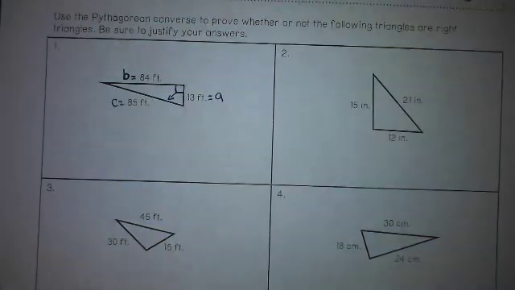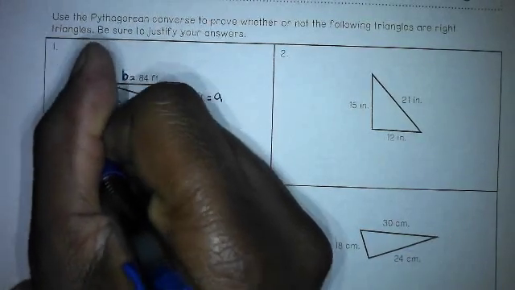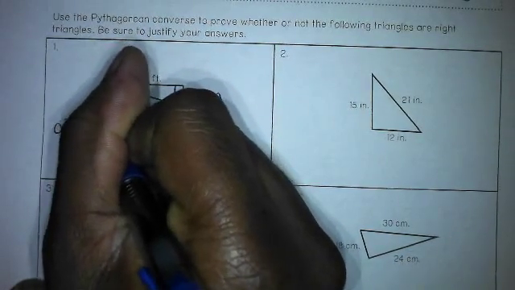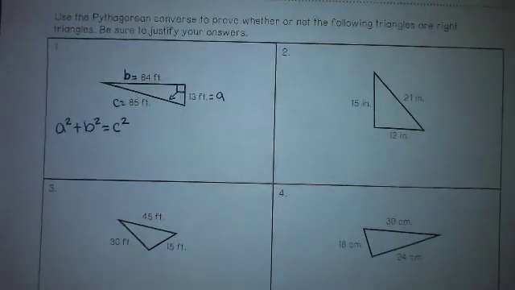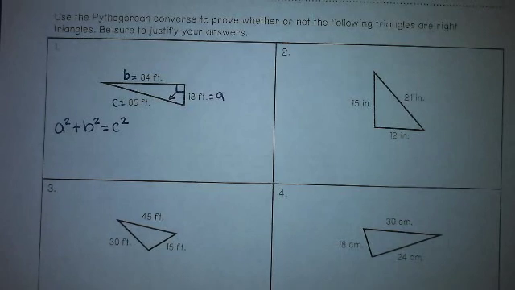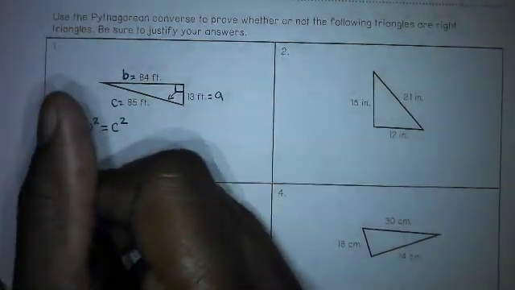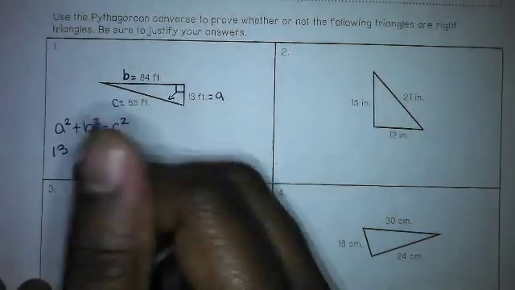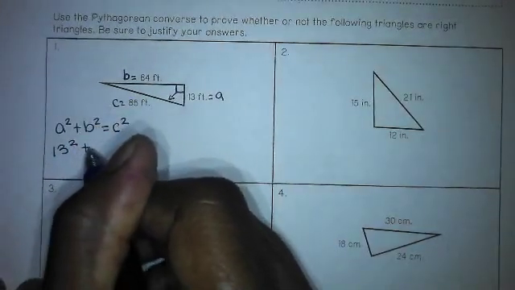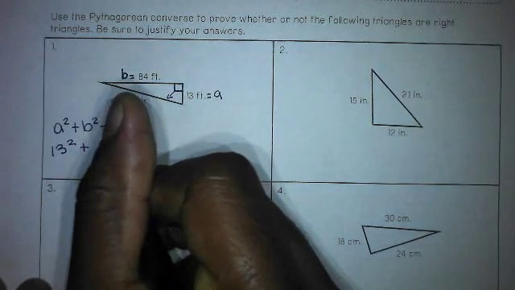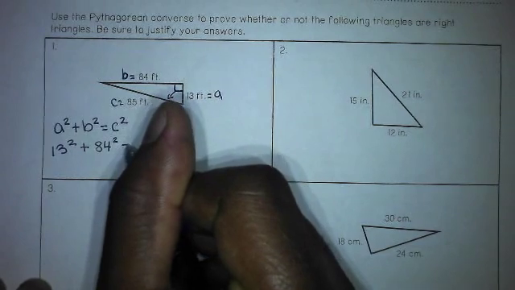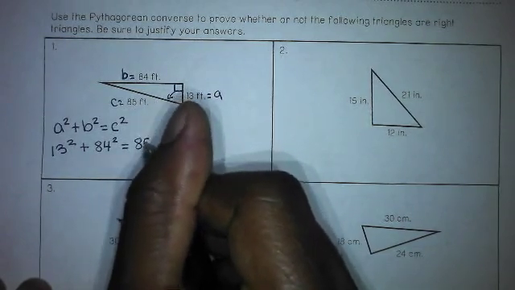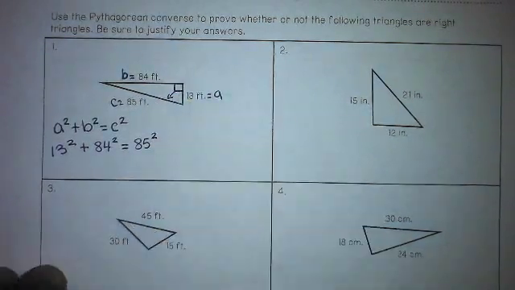Alright? So, if the converse is true, then A squared plus B squared should equal C squared. Okay? Let's see if that's going to be true. Let's plug in all of our values. A is 13, so I write 13 squared, plus B is 84, so 84 squared should equal 85 squared.